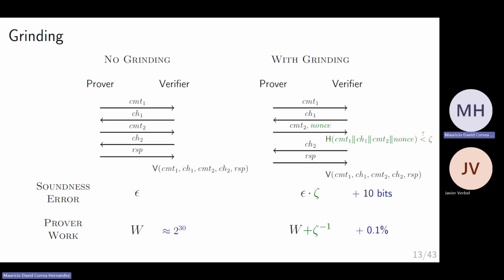And so doing 2 to the 10 extra hashes is next to nothing. But in exchange, we do get 10 bits of security in our soundness error. That's 10 bits of security in exchange for 0.1% extra time spent proving. That's a great trade-off, but it doesn't scale, because as soon as zeta becomes too small, the proportion of time spent solving the proof of work puzzle starts outweighing the original work factor.